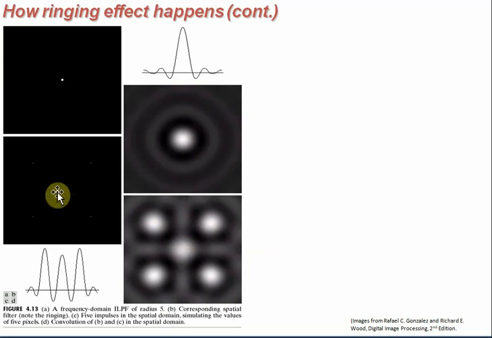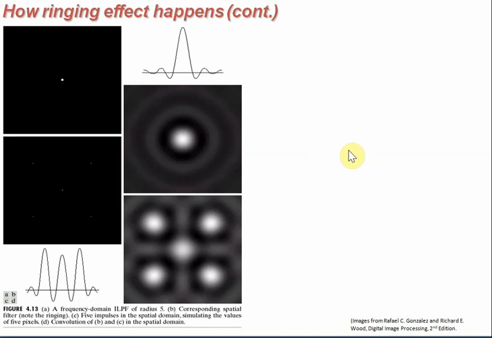This is the input image, and this is the filter. I convolve these two and get the image like this in the spatial domain. So the ringing effect is caused by the ripples in the spatial domain representation of the ideal low pass filter.